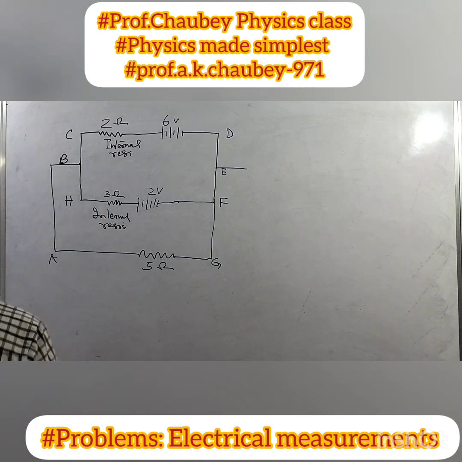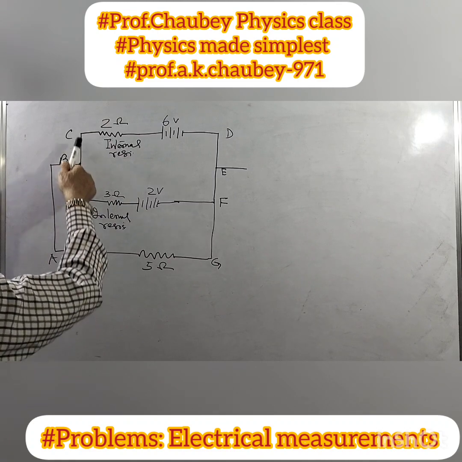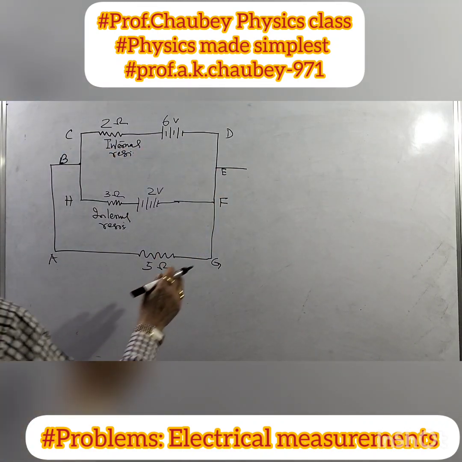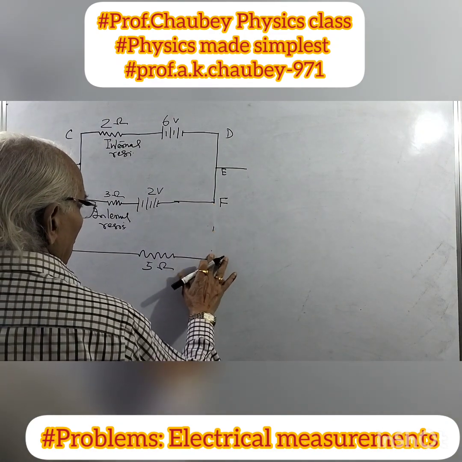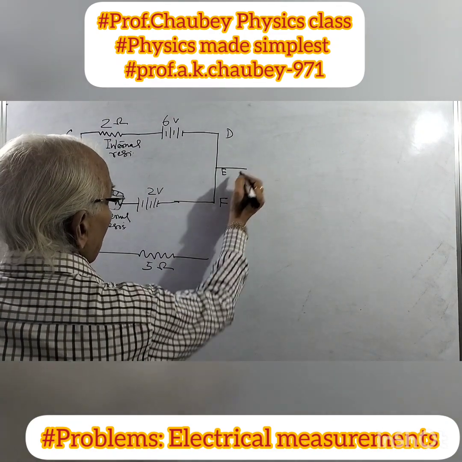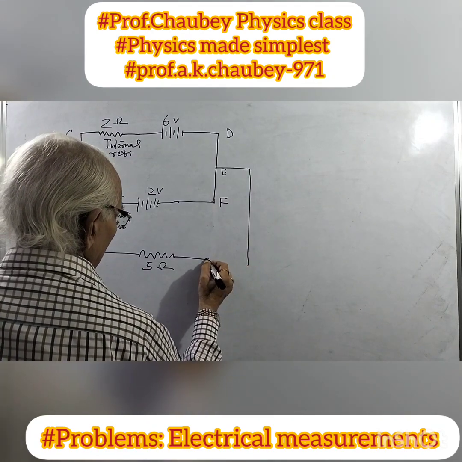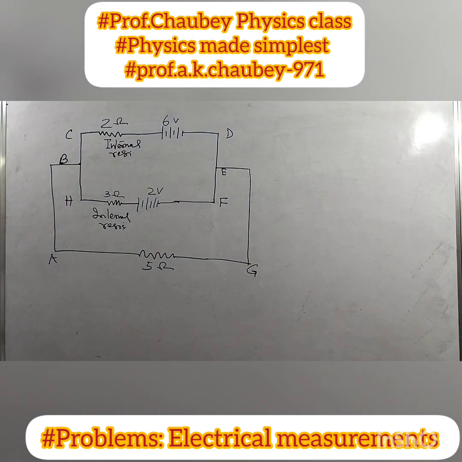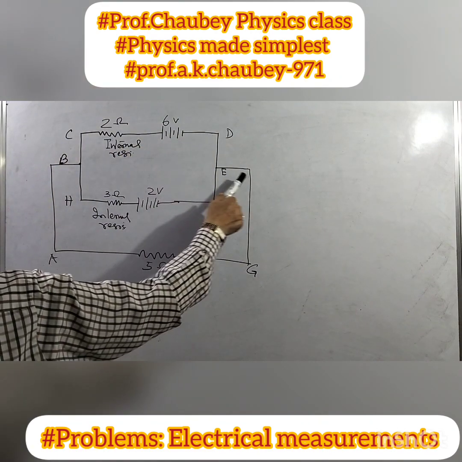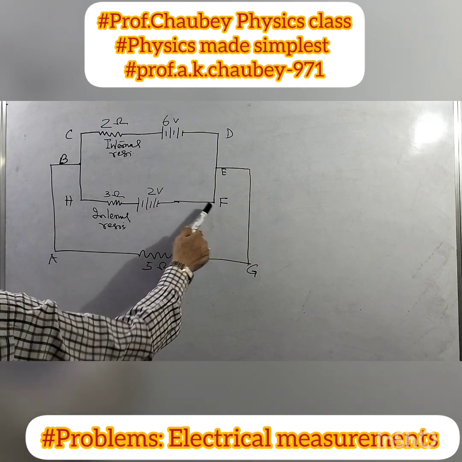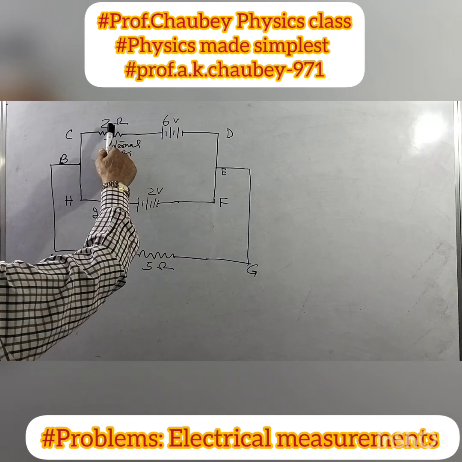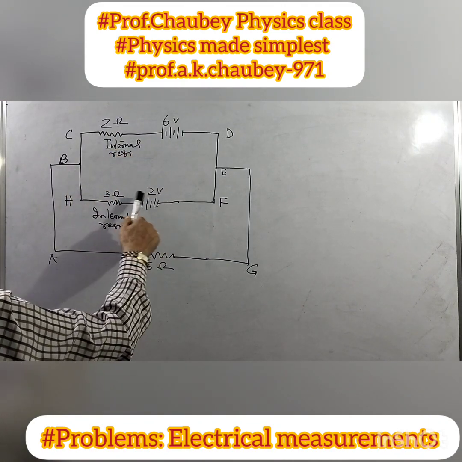So I have this circuit: A, B, C, D, E, G, and F, H. The circuit has two batteries, 6 volt with internal resistance 2 ohm, and 2 volt with internal resistance 3 ohm.